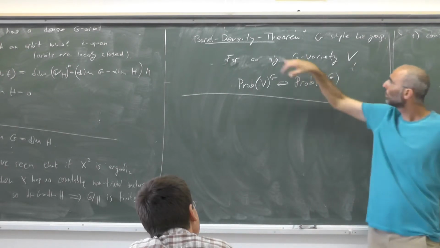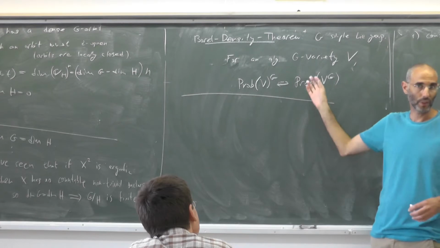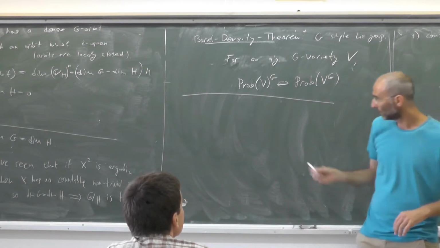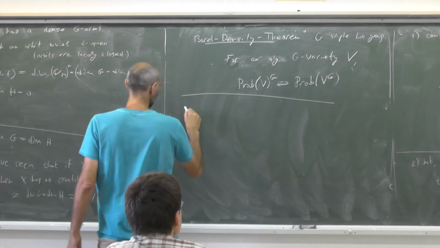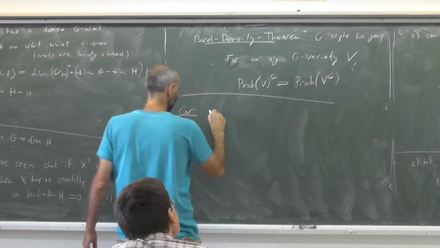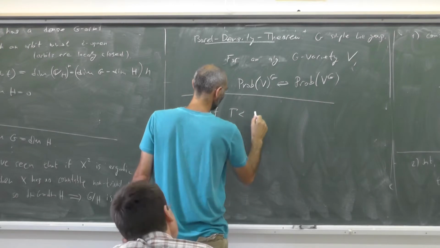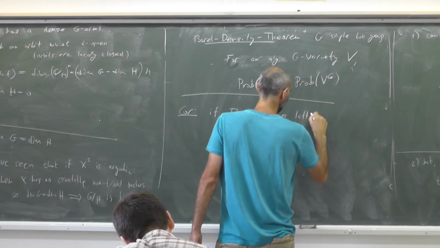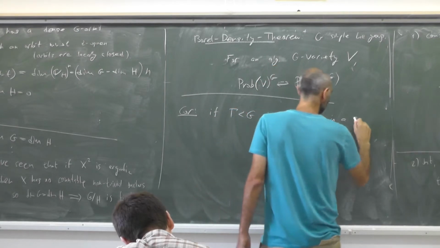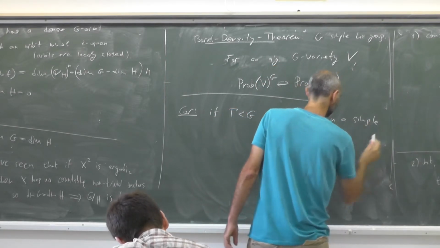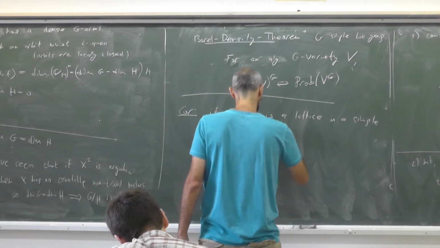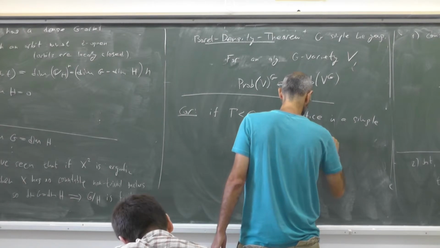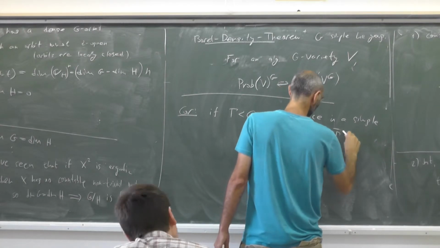So why is it called the Borel density theorem? So this is an extension of what Borel proved to begin with. If gamma inside G is a lattice in a simple group, then there is a closure.